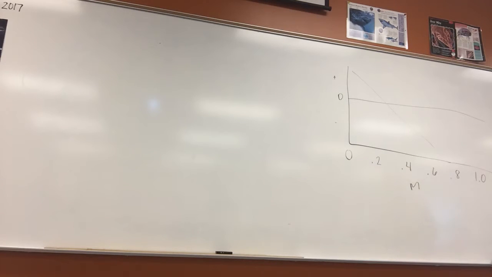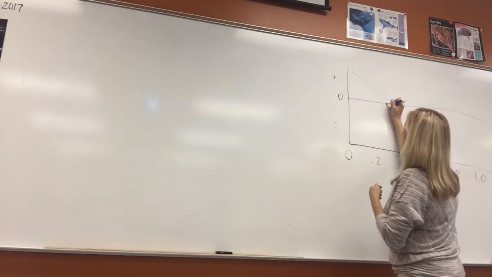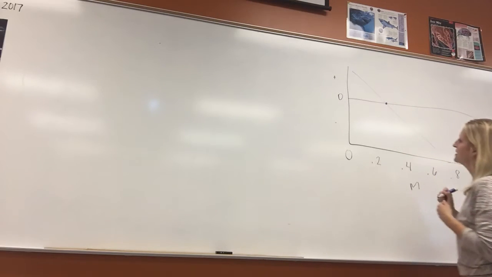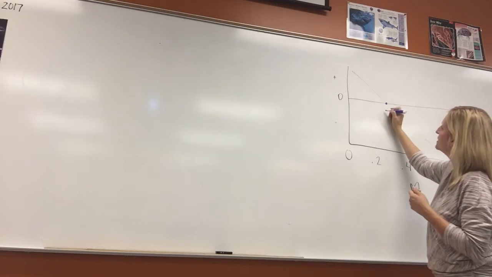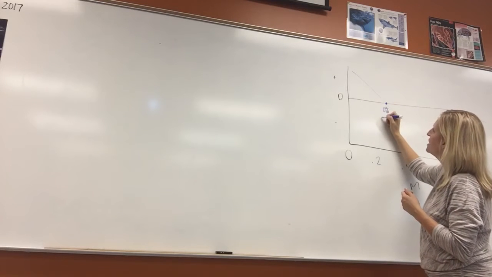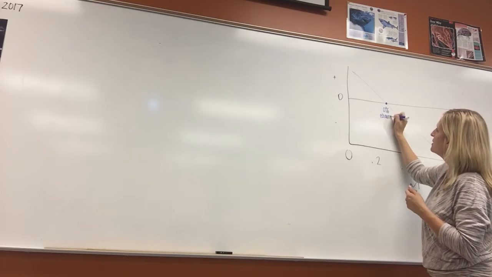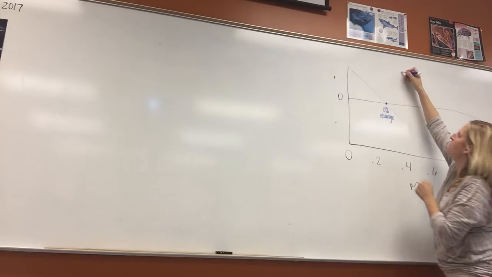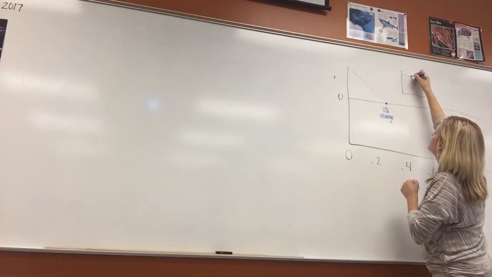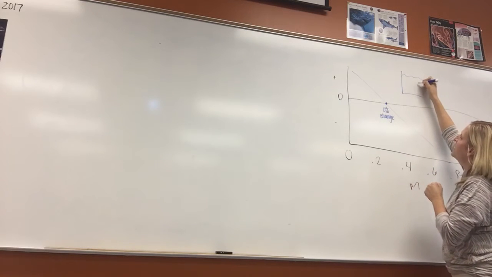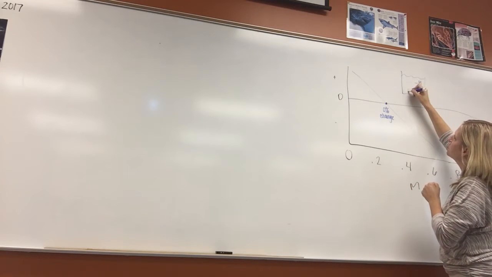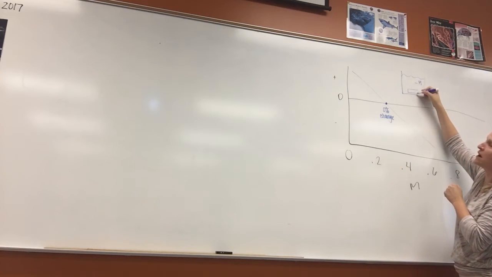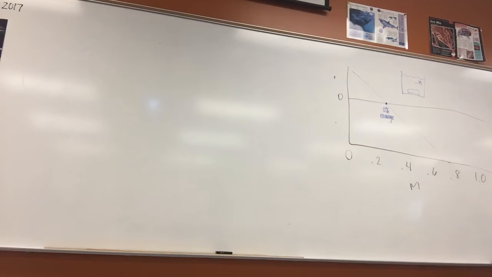So, where the line crosses the x-axis is of importance here. This is where there's 0% change in mass. What does that mean? Well, this is the molarity of the outside solution when the potatoes are in equilibrium with the solution.